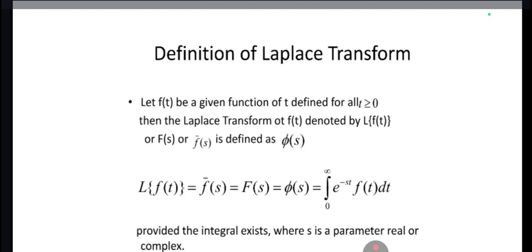So we can denote this as phi of s also. This is provided the integral exists, where s is a parameter. This is real or complex. This is the definition of Laplace transform.